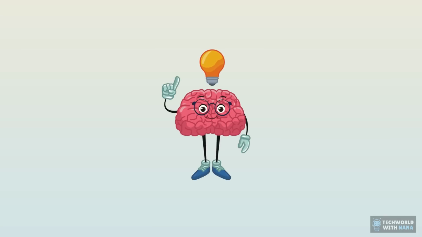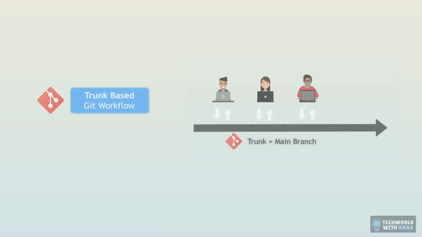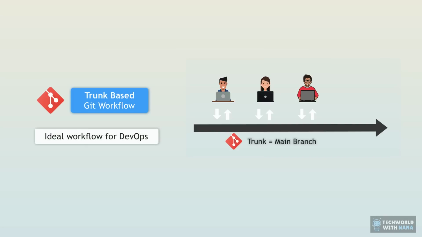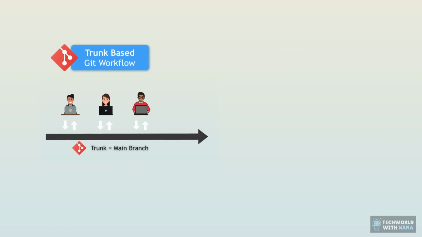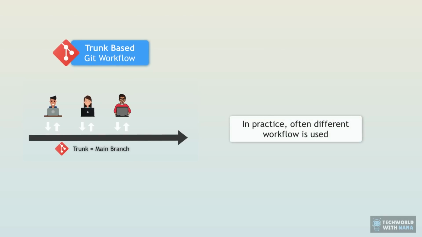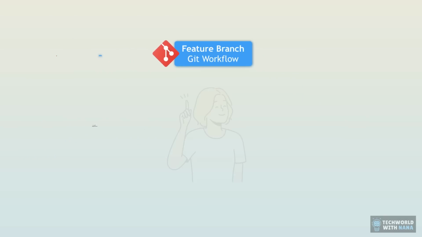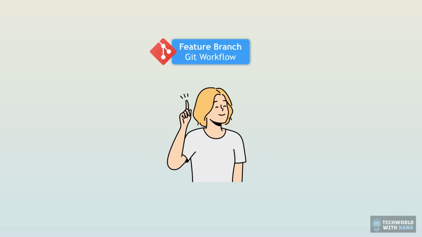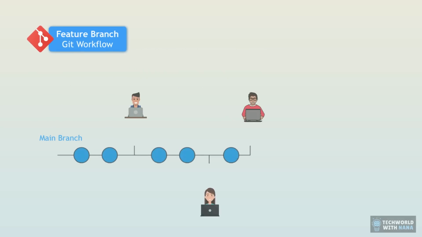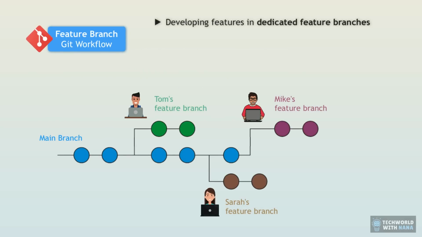So important to note here that trunk-based Git workflow is usually an ideal workflow to use, especially in DevOps-driven projects. However, in practice, a lot of teams actually use a different Git workflow, which is called a feature branch workflow. The core idea behind the feature branch workflow is that all feature branch development should take place in a dedicated branch instead of the main branch.